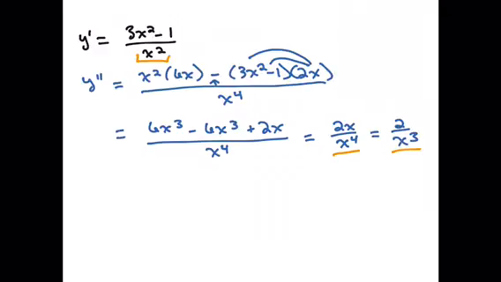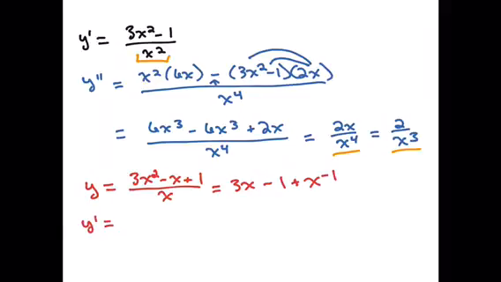What if, from when we started, with y equals 3x squared minus x plus 1 over x, we had separated all the fractions? Well, we'd have 3x squared over x, that's just 3x, negative x over x, that's minus 1, plus 1 over x, we can write that as plus x to the negative 1.